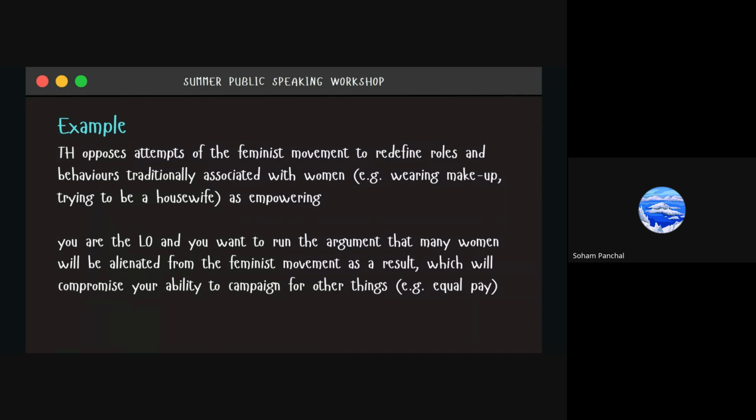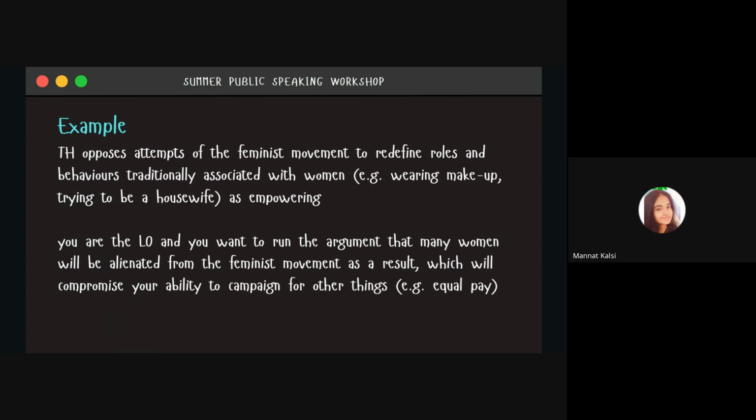They will think that the feminist movement does not think of them as empowered or powerful, and the feminist movement will lose traction among common women, and it will compromise the main motive of the feminist movement to have equal rights, for example in the workforce and in equal opportunities.